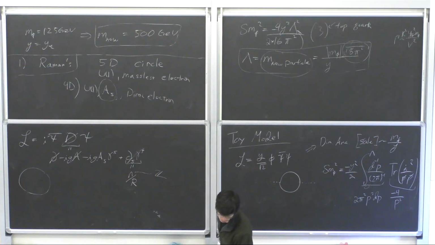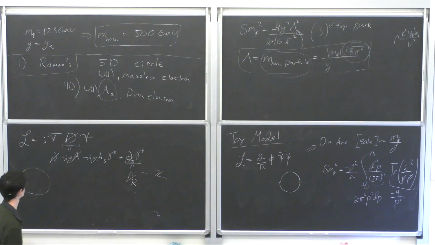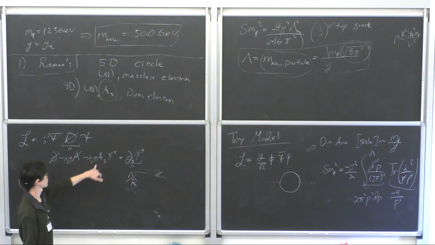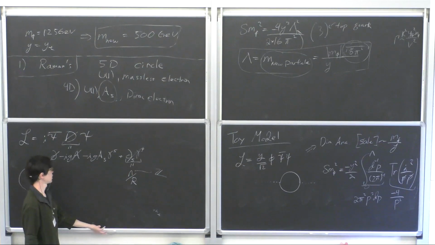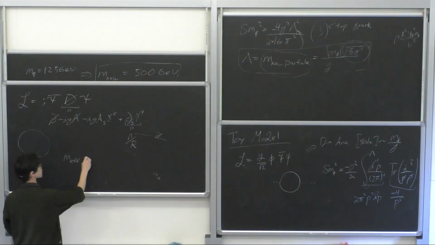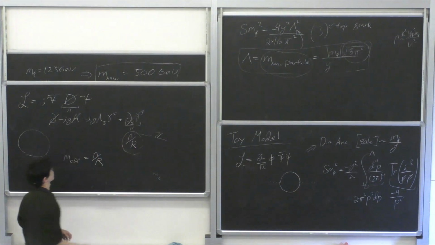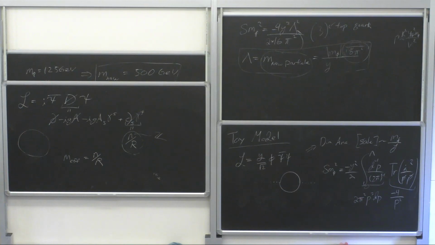And, okay, I might be getting i's wrong or something. And we have our scalar coupled here. So M effective is n over R, right? This is some number. It looks like a mass term here.